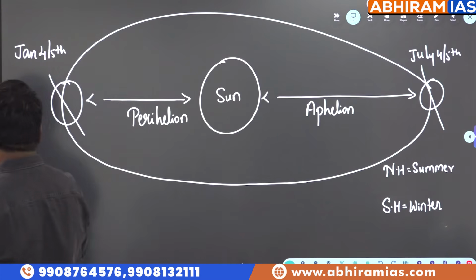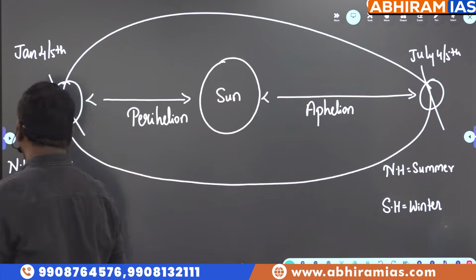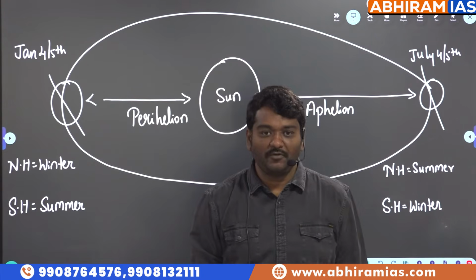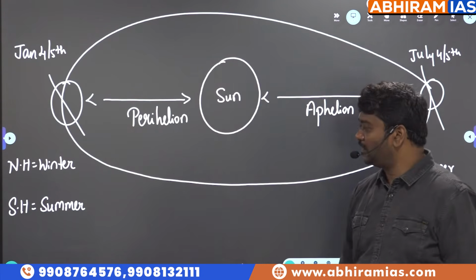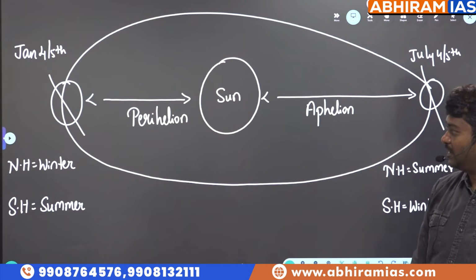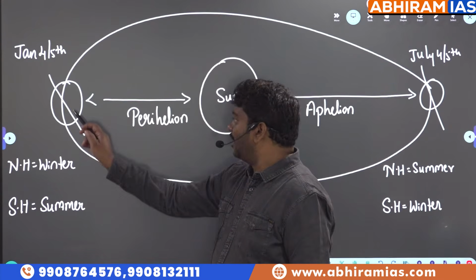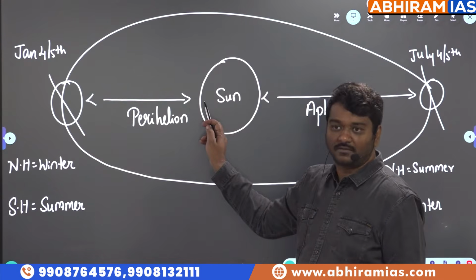Here, northern hemisphere has winter, southern hemisphere has summer. So, irrespective of elliptical orbit, seasons will be there. Now, what is the impact of the elliptical orbit? Can I say in the summer season, Earth is closer to the sun?